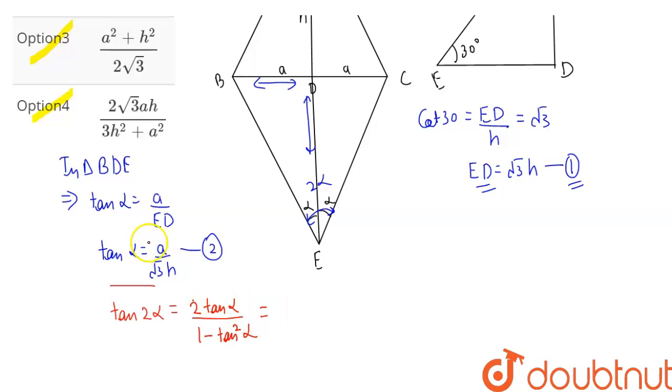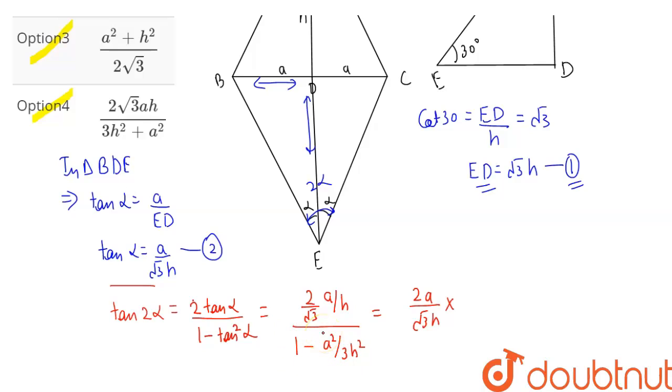Now we know the value of tan alpha, so this can be rewritten as 2 tan alpha is 2a by root 3 h, and here we have 1 minus tan square alpha, which is a square by 3h square. On further solving this, we get 2a by root 3h multiplied by, taking the LCM, 3h square over 3h square minus a square.